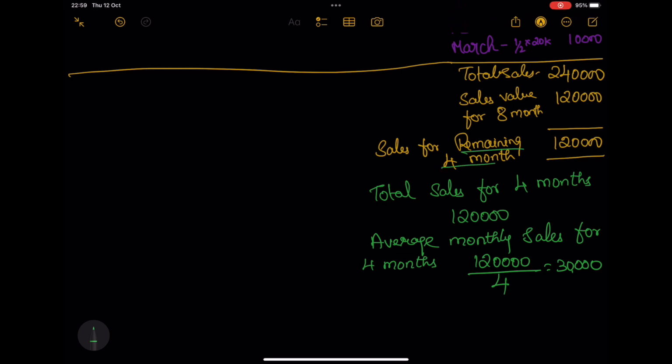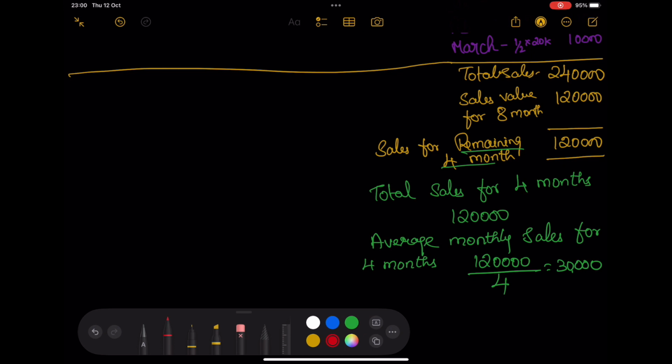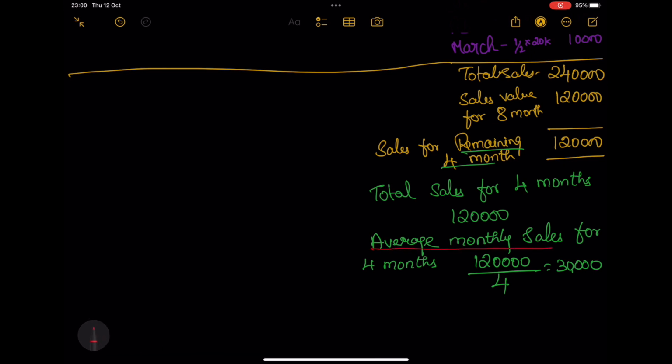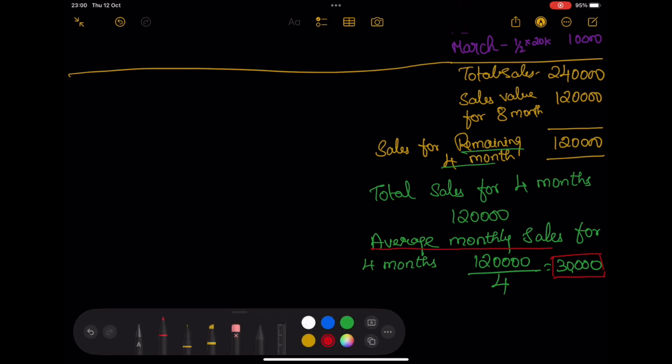Then for that value we are going to identify the average monthly sales. Got it? So based on this average monthly sales, we are supposed to calculate the total sales ratio. How much did we get? So we got sales value as 30.